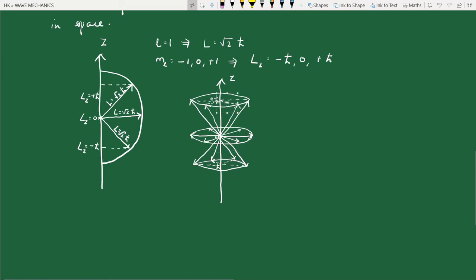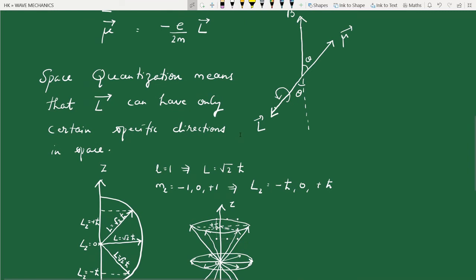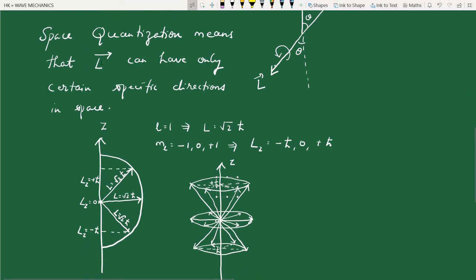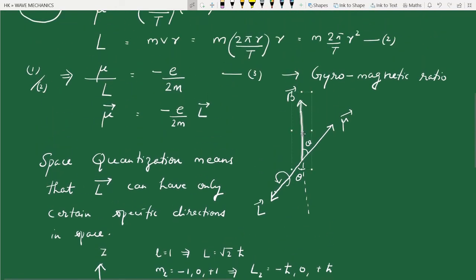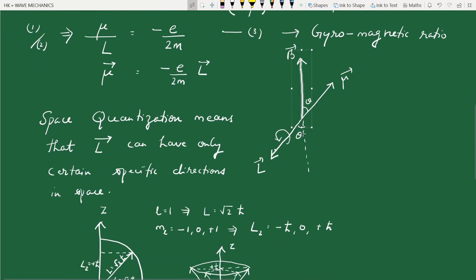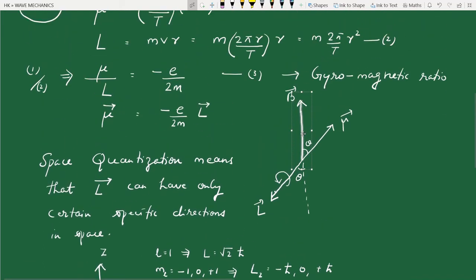So this is the idea of space quantization. The angular momentum vector can have only certain specific directions in space. This is called space quantization. And this can be measured when you apply a magnetic field, because in order to observe this, you need an external magnetic field, some direction which can be considered as the reference direction.